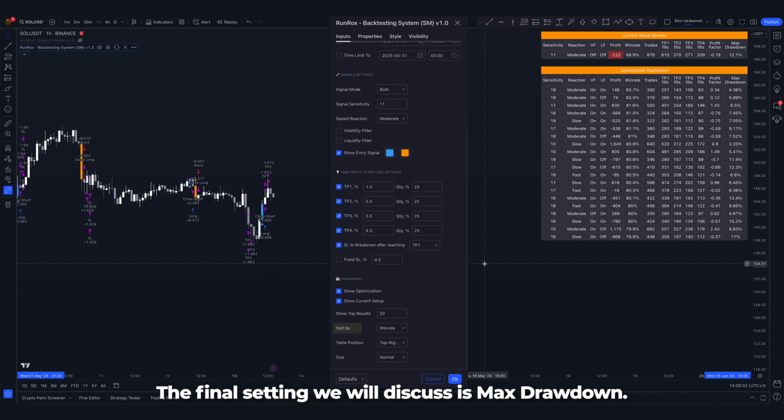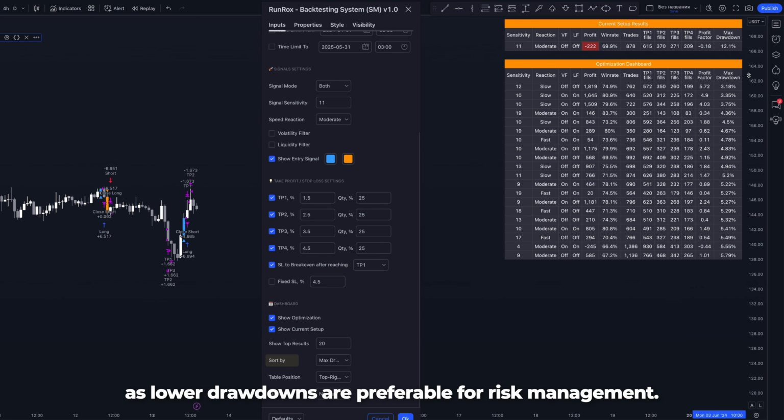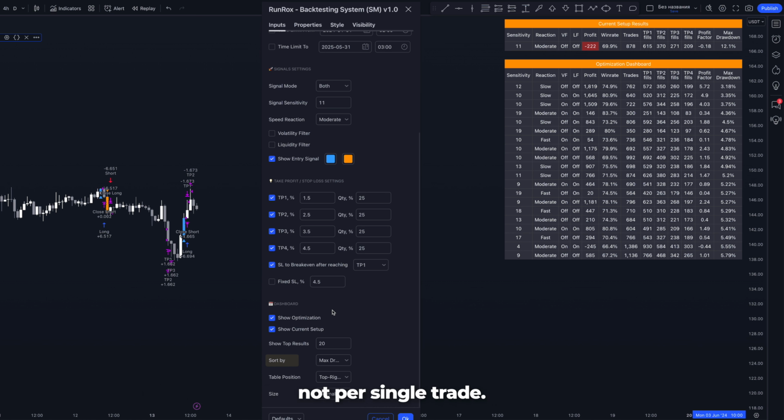The final setting we will discuss is max drawdown. Max drawdown measures the maximum cumulative loss experienced during trading over the historical data. The optimal settings in this case are those with the smallest values, as lower drawdowns are preferable for risk management. It's important to note that this is a cumulative metric, not per single trade.